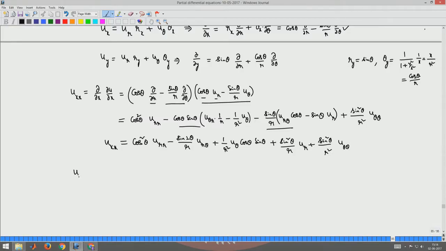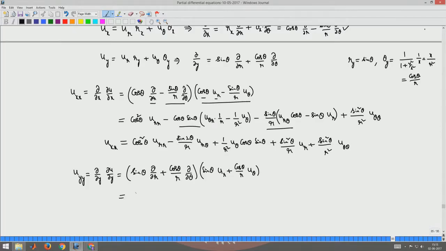You calculate u_yy similarly. So, that is dou y of dou u by dou y. So, again you do the same thing. If you do this here, dou y is sin theta dou r plus cos theta by r dou theta, acting on sin theta u_r plus cos theta by r u_theta.